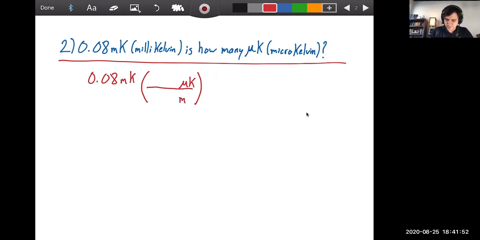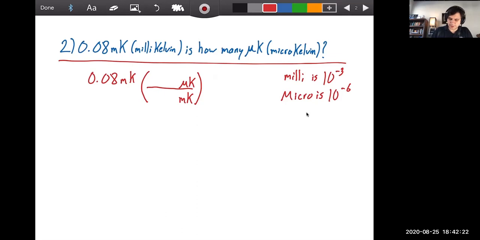Okay, so now we have to ask ourselves some questions. I want to put millikelvin down here. Milli is 10 to the minus 3. Micro is 10 to the minus 6. So notice there's a difference of 1,000 there. There are 1,000 micro units in 1 milli unit.